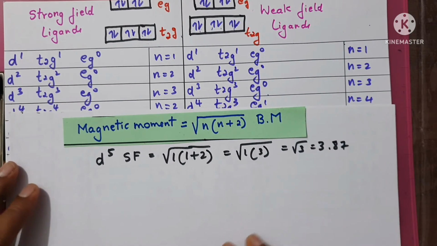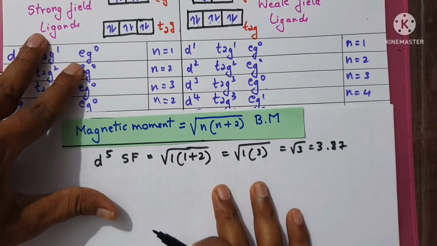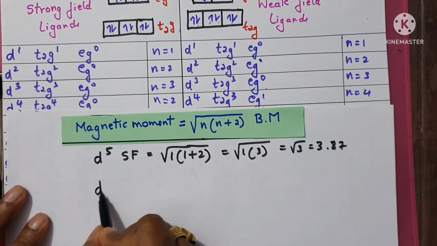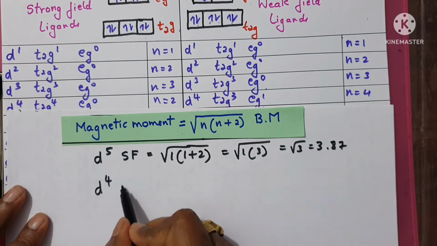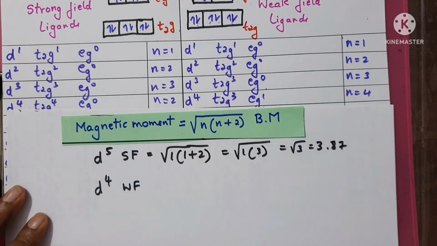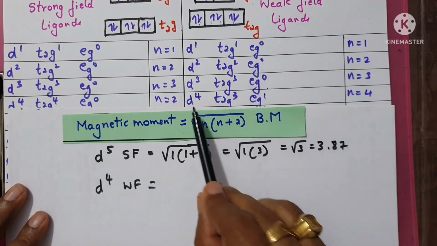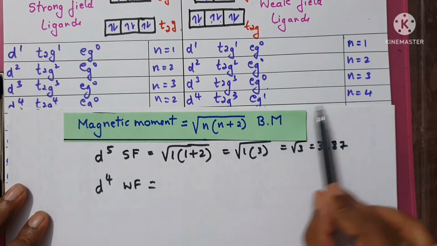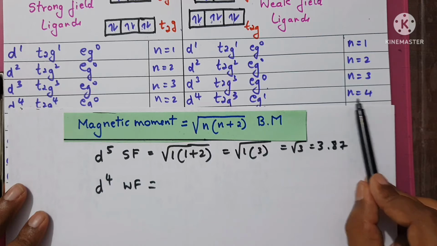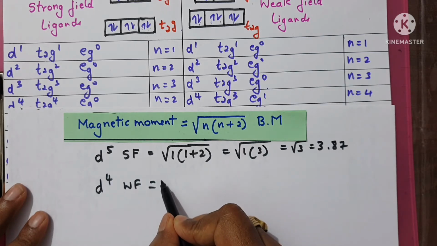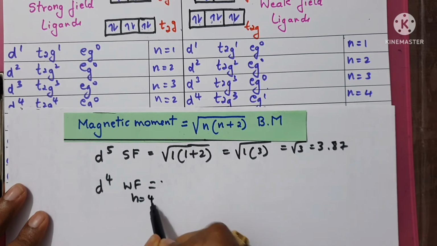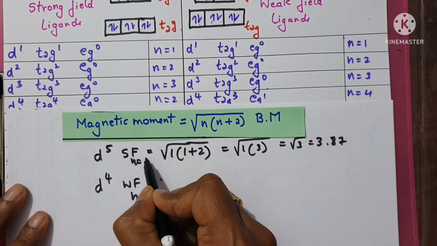In the same way, if they ask you to calculate for the d4 configuration for a weak field ligand, how do you do it? For a weak field ligand, for d4, you can observe the number of unpaired electrons is 4, therefore n is equal to 4. Here it was n is equal to 1.